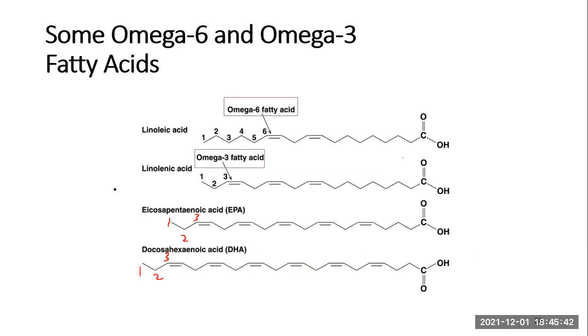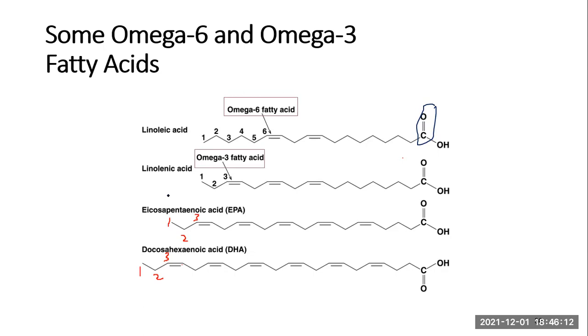Again, you can see, opposite of our normal thought process, we are counting from the end opposite our carbonyl group. So here we see number 6. We see number 3, 1, 2, 3 here, 1, 2, 3, where we see our double bond first occurring. Any questions on that?